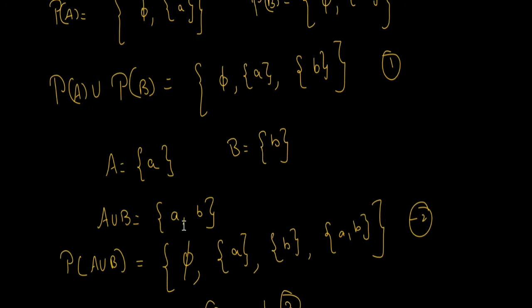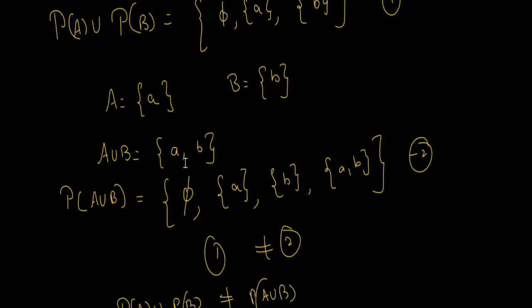All the subsets of the set A union B. So power set is nothing but all the subsets. What are the subsets of A union B? First you write the empty set, then the singleton sets, the individual sets {a} and {b}, then the full set {a, b}. So this is the power set of A union B.